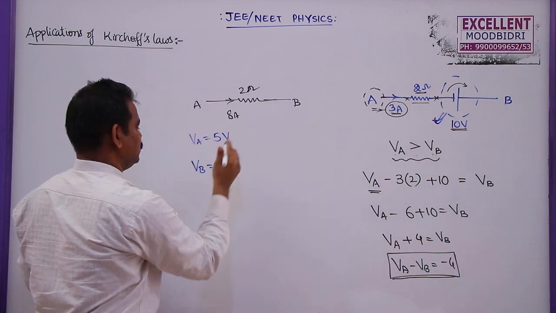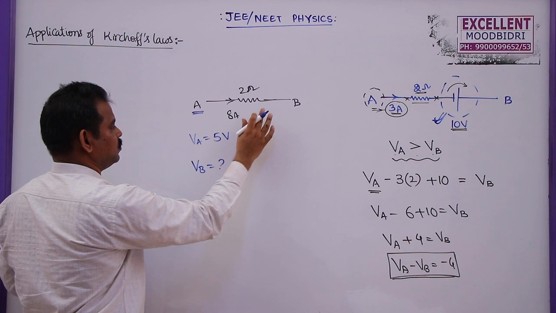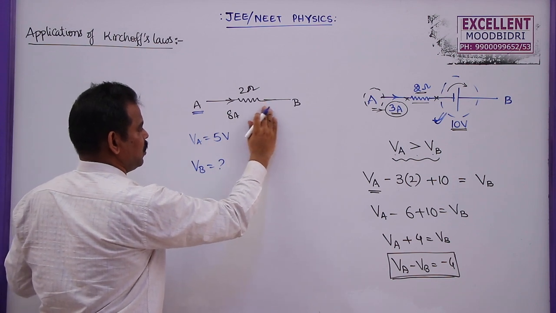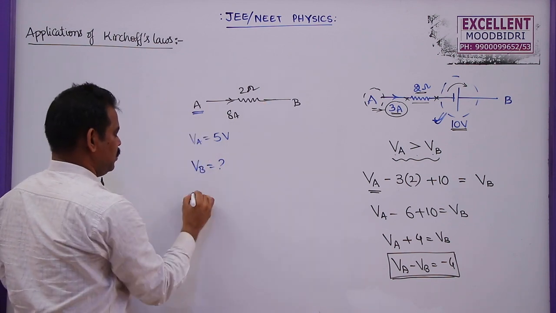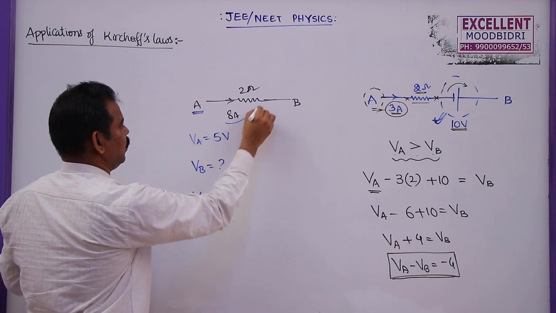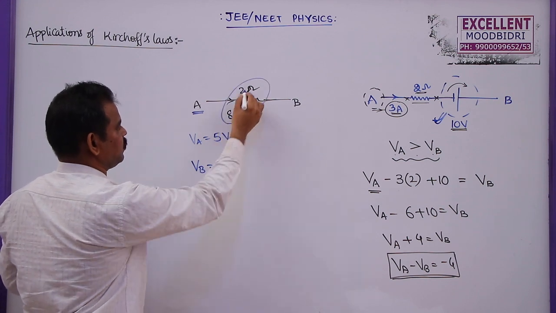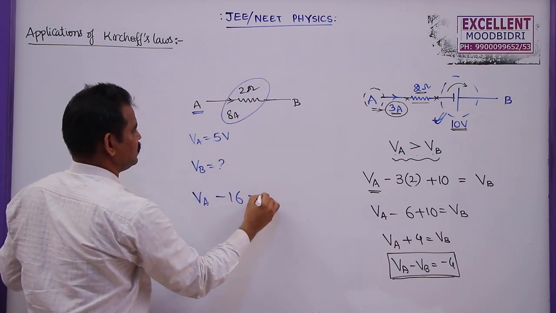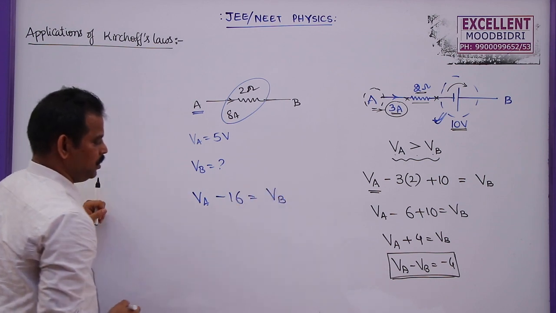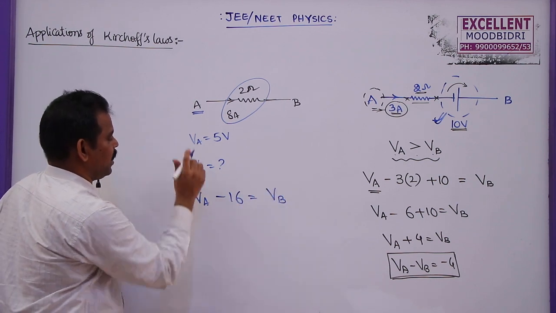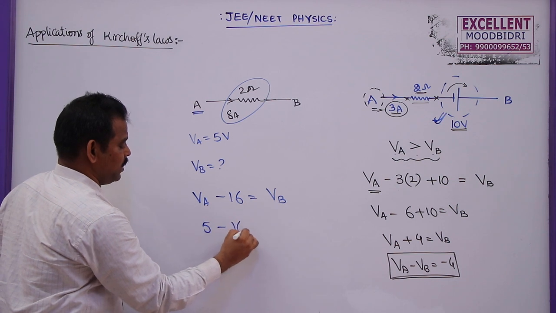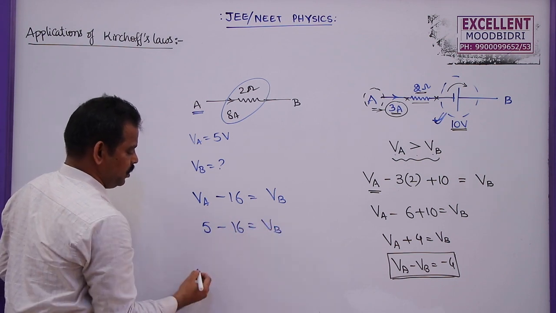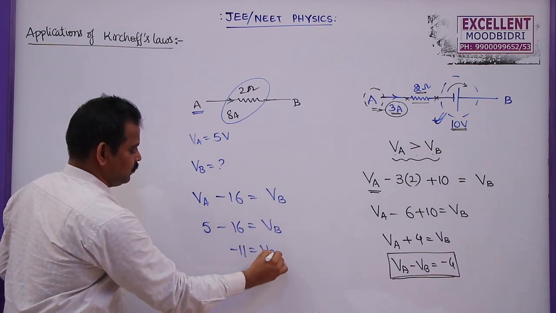Now here in this case, VA is given as 5 volts, no source of EMF. Then we can write VA, the drop due to this current 8 into 2, minus 16 is equal to VB. VA value is given as 5, minus 16 is equal to VB. Minus 11 is VB.